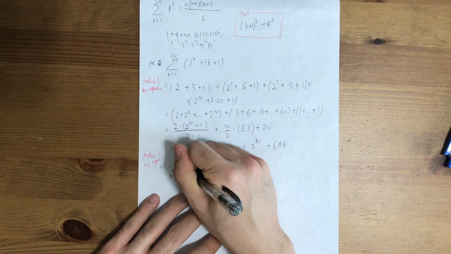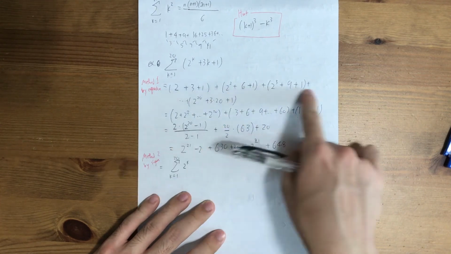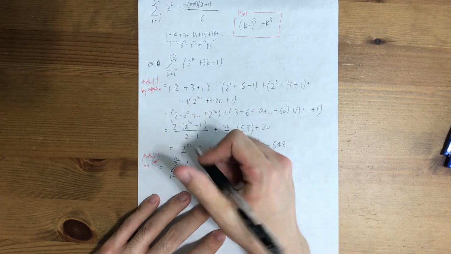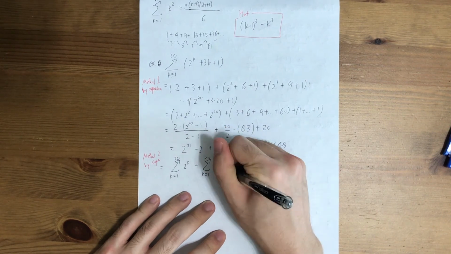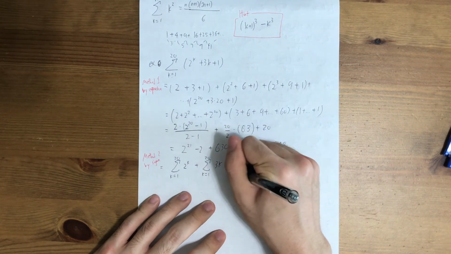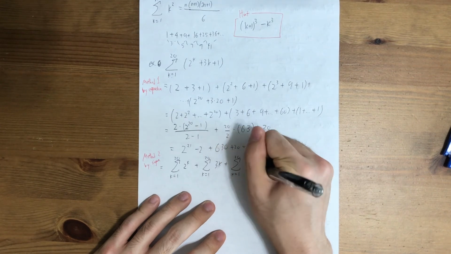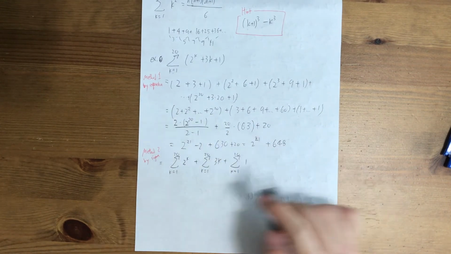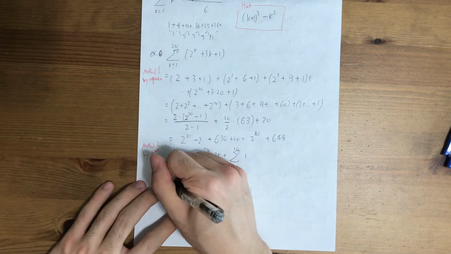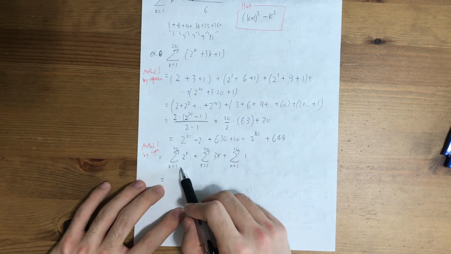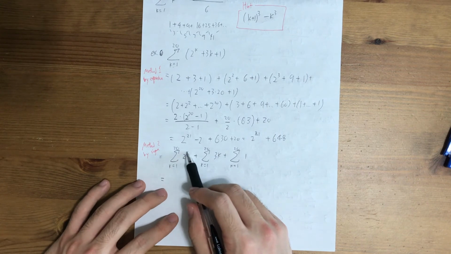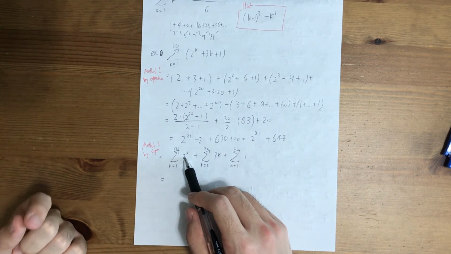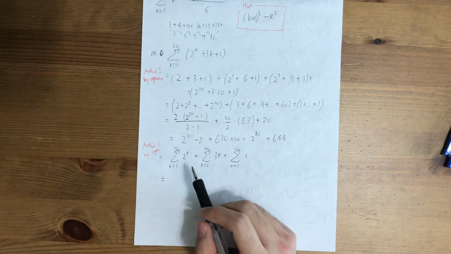geometric series and sum of arithmetic series. But one thing is that you don't have to do this, okay? So we know that we can distribute the series like this. And this, we can see that it's a geometric series because each term is just being multiplied by 2, right?